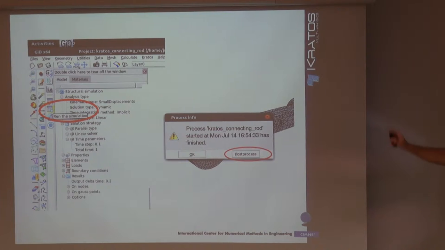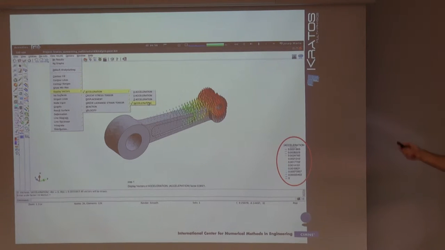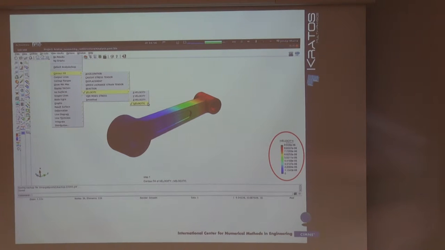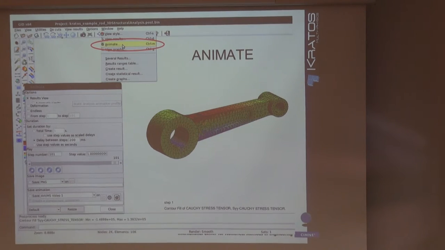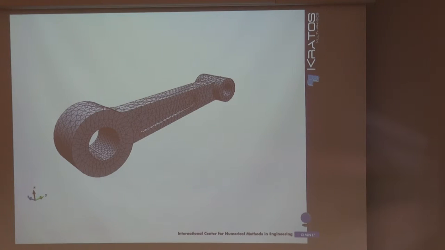Just changing this, I run the simulation again, it has computed correctly, I go to the post-process, and now I'm able to see the accelerations and the velocities, right? And we also can animate the results, right? And I don't know if it's going to run, right?